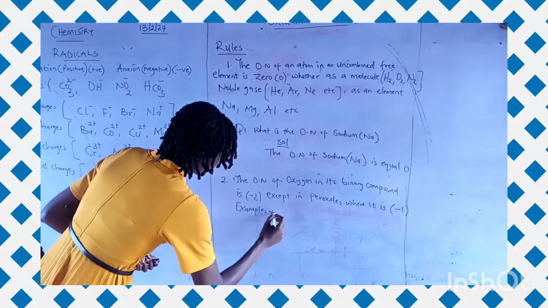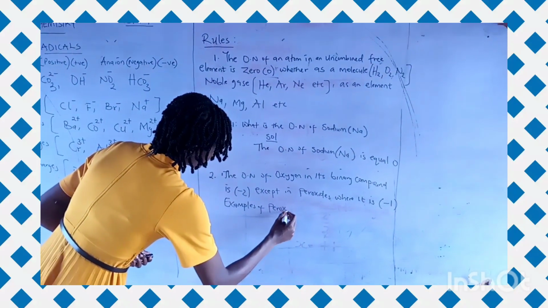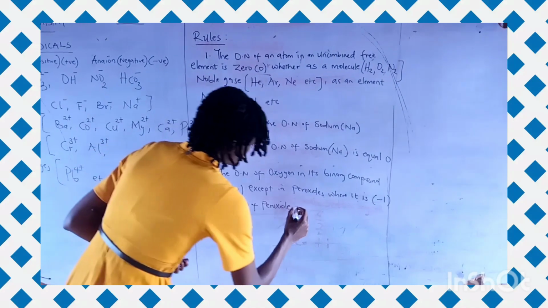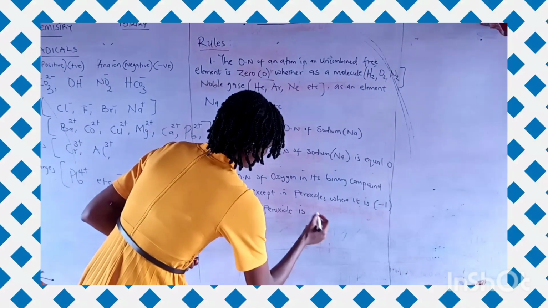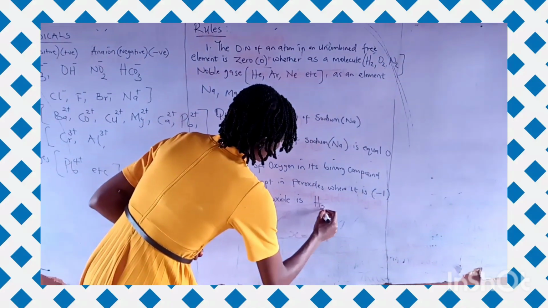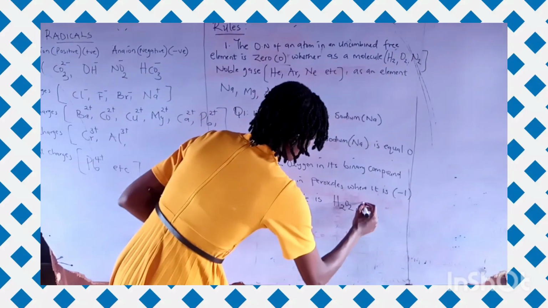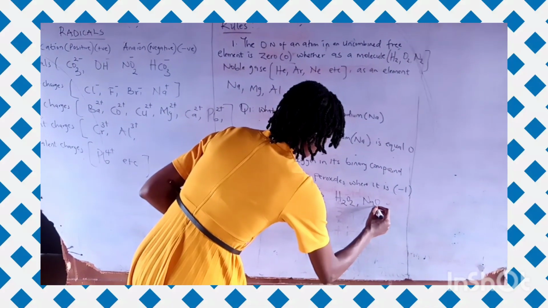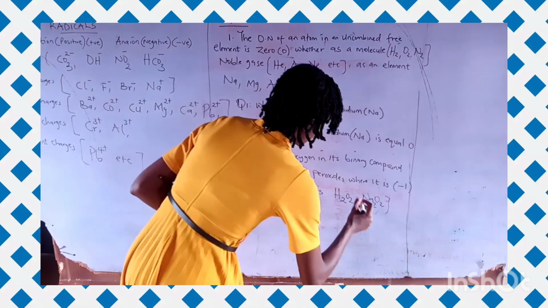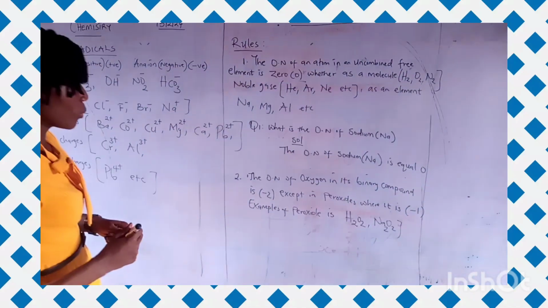Examples of peroxide: we have hydrogen peroxide, H2O2, and we have sodium peroxide, Na2O2. Okay, so that's rule number 2.